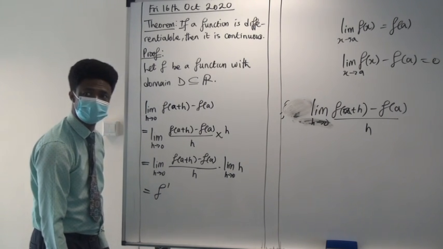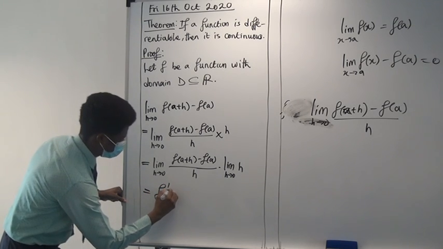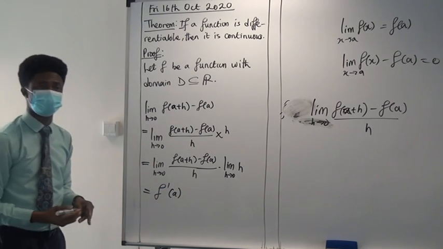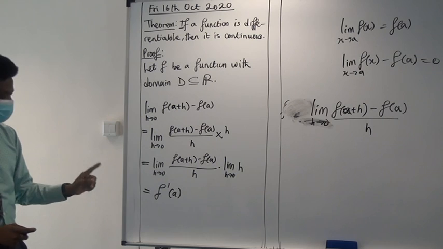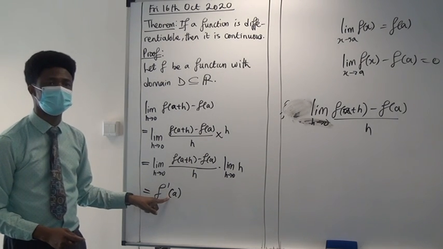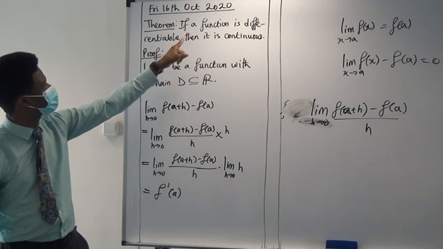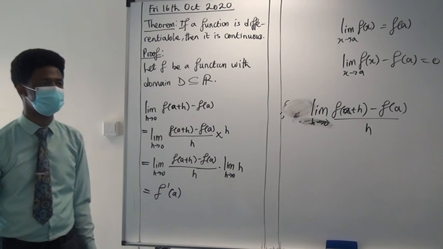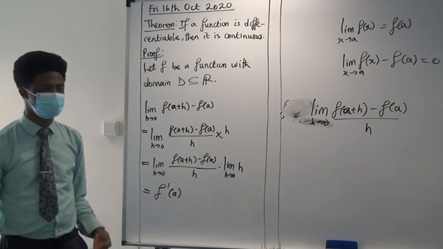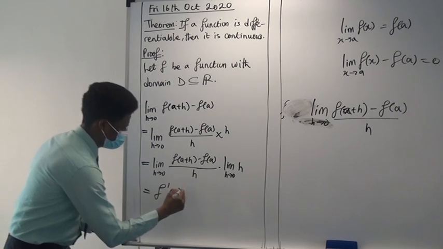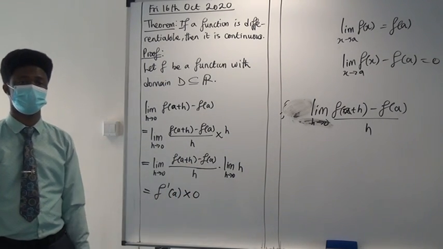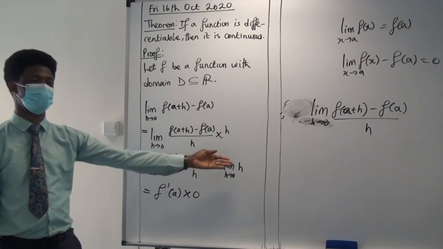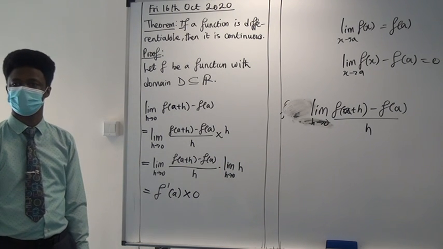Are you with me? The gradient of the function at point what? So my question is, does this exist? Yes, because the function is differentiable. Are you with me? Why is the other part just 0? Direct substitution. The limit of h as h tends to 0 is 0.